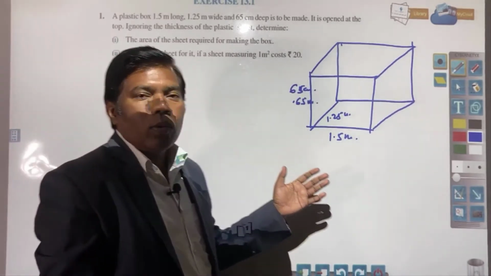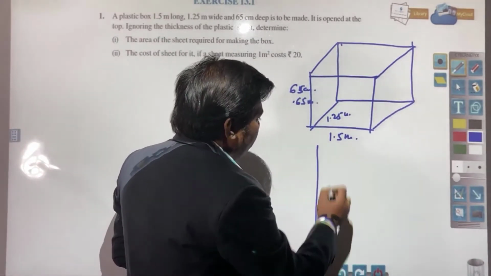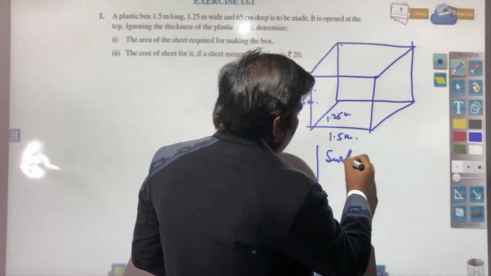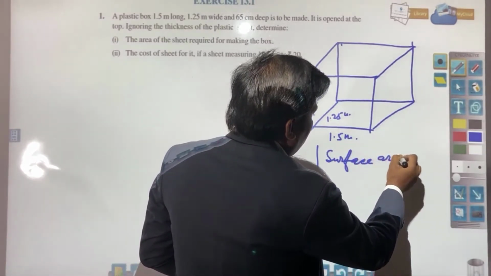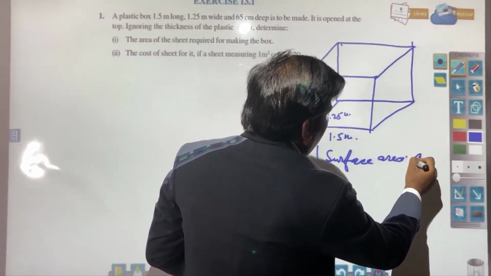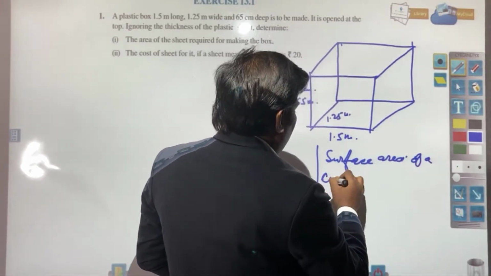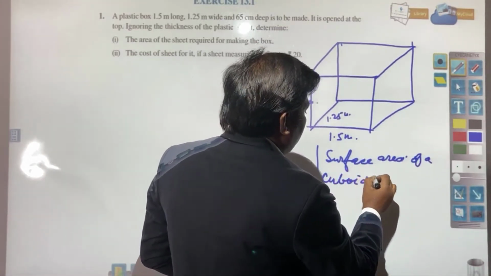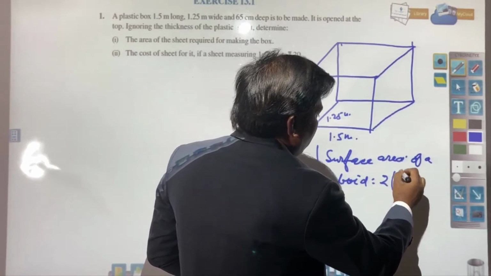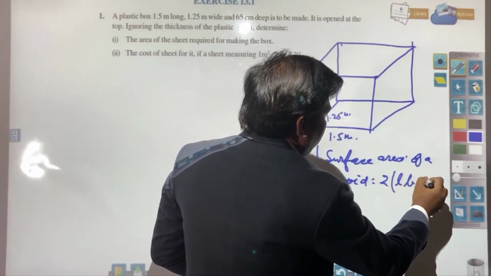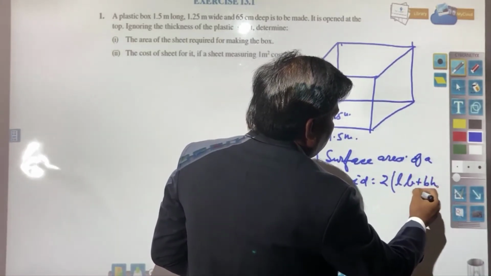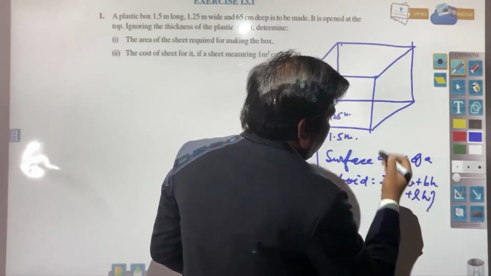So as we know, surface area of a cuboid is equal to what? Already it was told, 2 into LB plus BH plus LH.